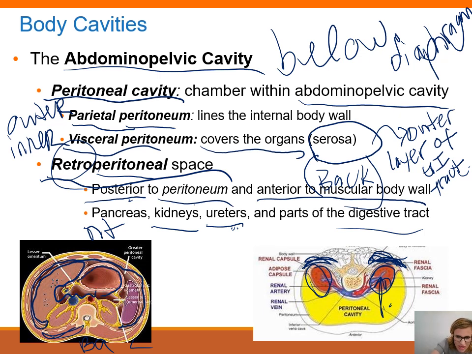It wraps around here, the visceral layer wraps around here, and then you notice the space in between those two layers. So all this space, this space, this space, that's all of the peritoneal cavity. The area back behind the peritoneal cavity, so this is retroperitoneal.